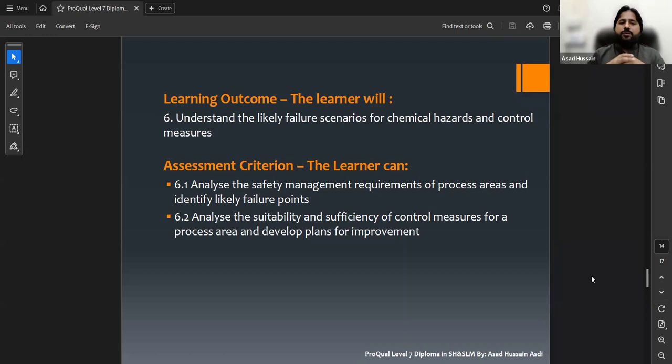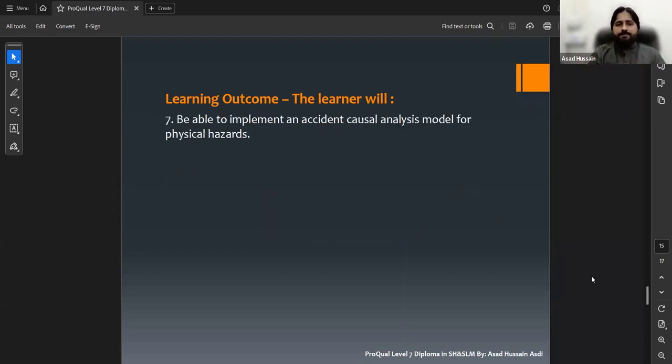Considering this, you have to develop plans for improvement, because whenever you discuss health and safety or any management system, there is a chance of improvement. Once you can see that the control measures are suitable and sufficient, you still have to work for improvement, so you have to develop different plans for improvement.